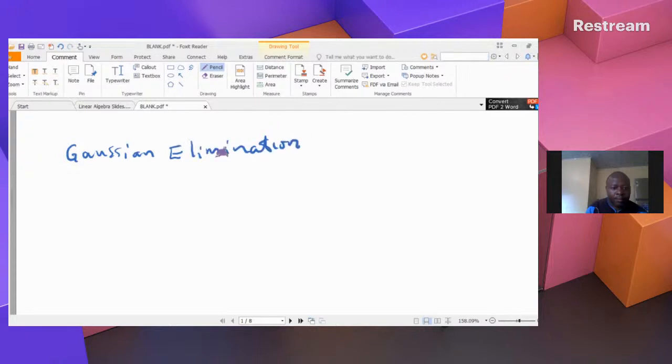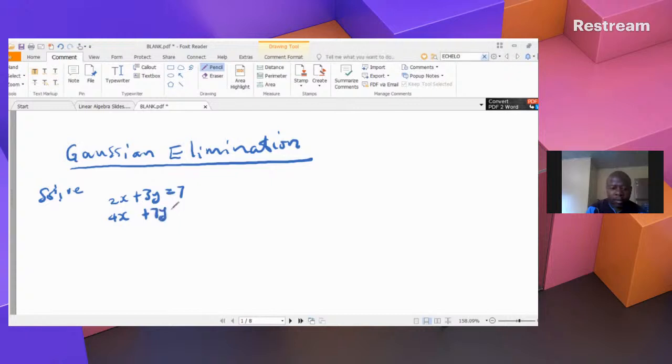Gaussian elimination is a method that we use to solve a system of linear equations by first of all writing the augmented matrix. So let me say, solve this: 2x plus 3y equals 7 and 4x plus 7y equals 12.